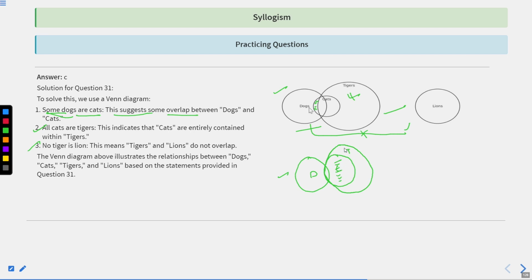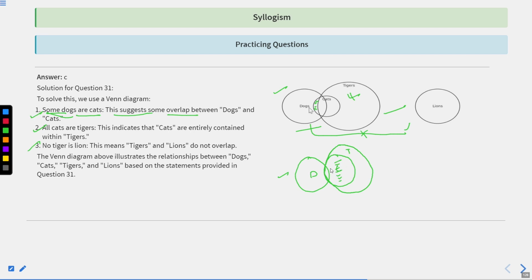It means that those cats, and all cats are tigers, meaning there are certain cats which are not dogs, which are still tigers. Correct? Is it true? Yes or no, my dear students? Yes, that is true, because there are certain cats which are not dogs, which can be inferred from statement number one. And then all the cats are tigers.